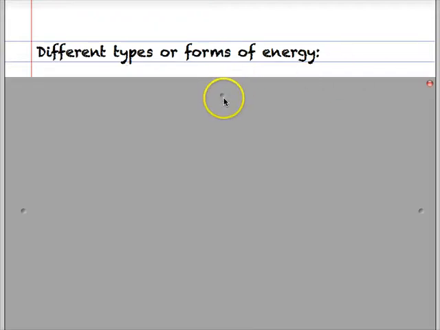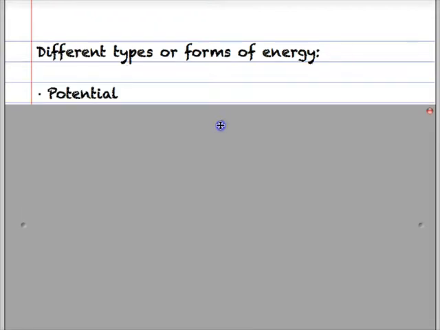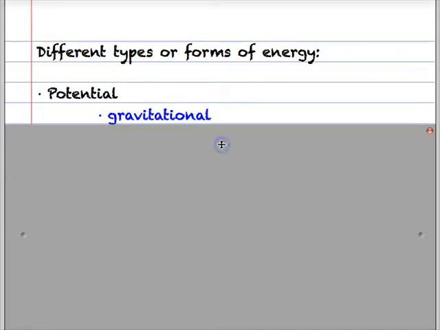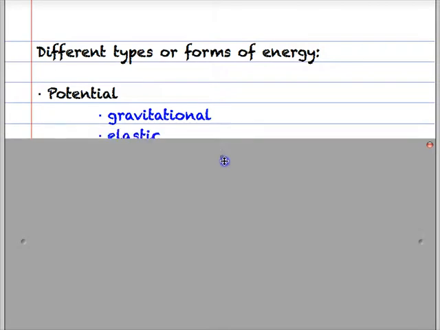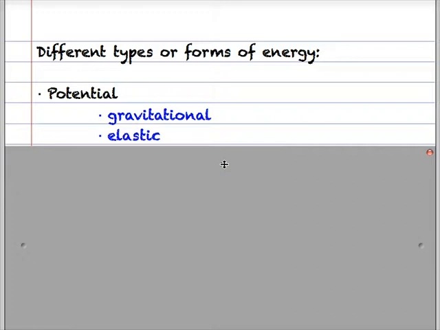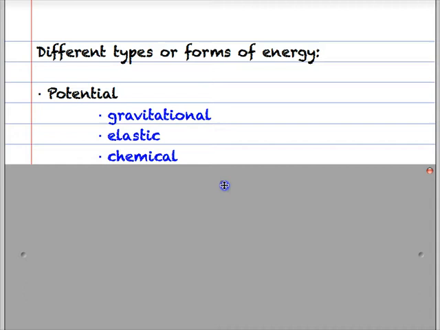So let's look at the different forms of energy that we have. So we have potential energy, energy which is stored up and not really doing anything. Gravitational potential energy, things that are above a certain level or above the ground, like a lake of water used to generate hydroelectricity. Elastic energy, a stretched elastic band or a stretched bow ready to fire an arrow has elastic potential energy.